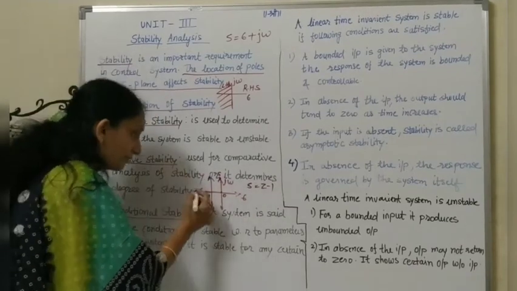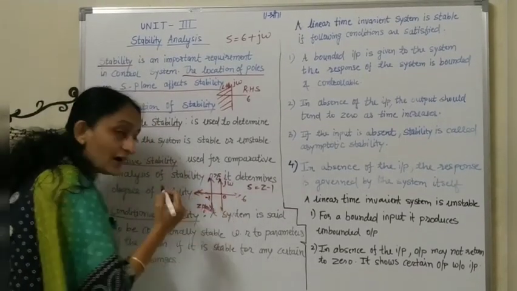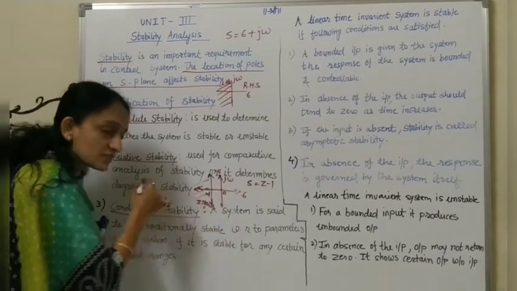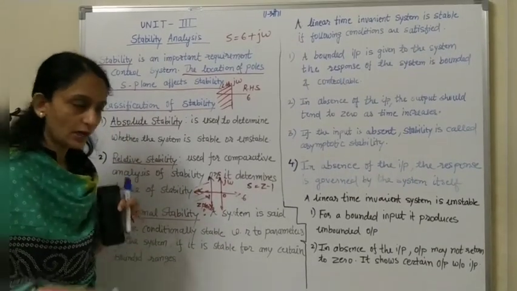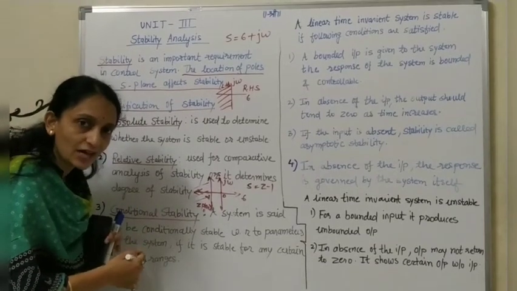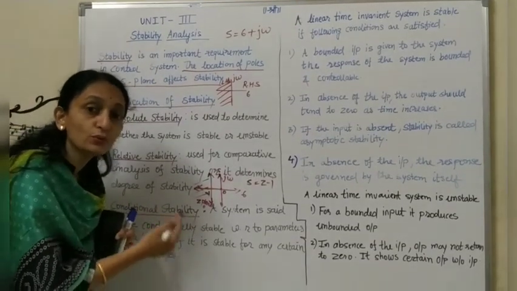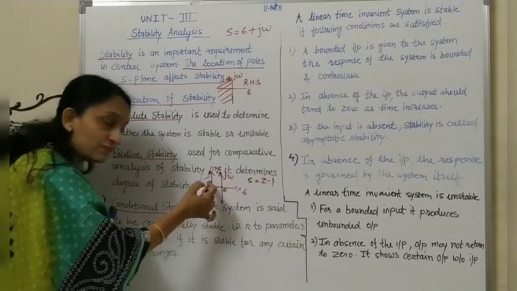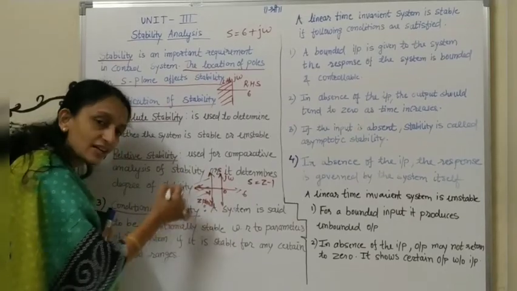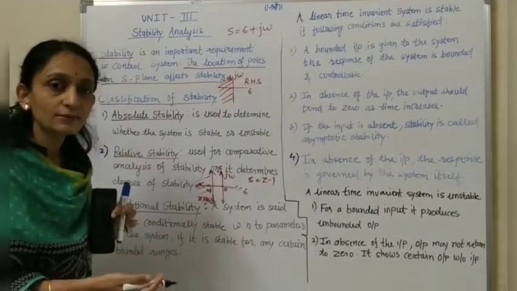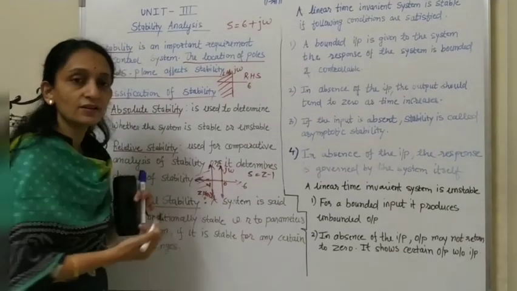Suppose after shifting, I am again getting all the poles on left hand side of this new Z plane. So my conclusion is that the system is more stable as compared to the previous S plane.